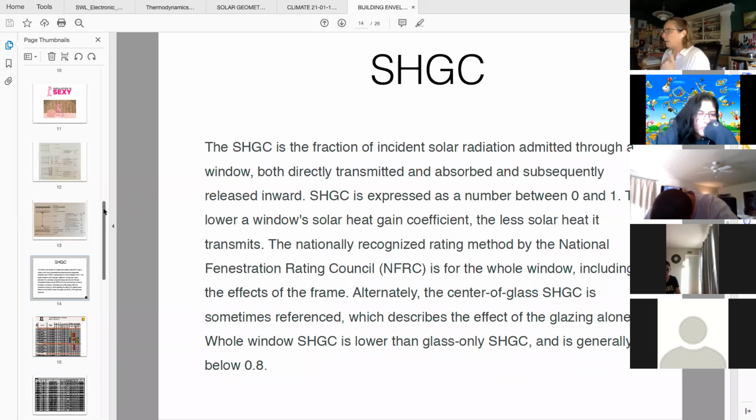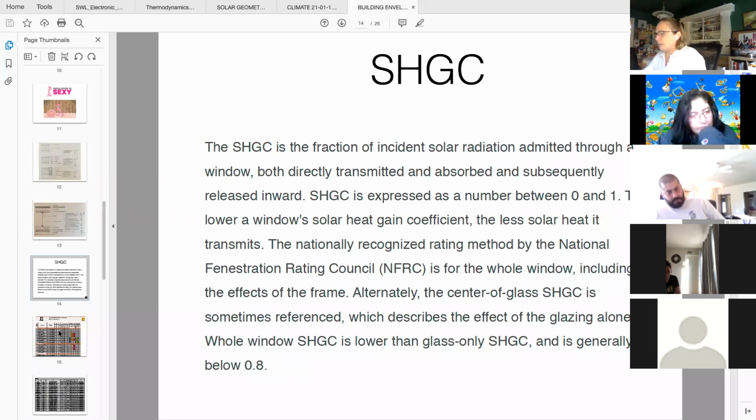So the SHGC is a combination of both transmitted solar radiation and absorbed solar radiation into the glass, and how much of that heat transfer is coming to the interior of your building. It's always going to be a number between 0 and 1. The lower the number, the better performing it is. It means the less solar heat that is coming through.